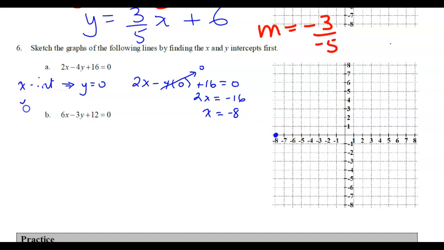Then the y-intercept is when x is 0. So when x is 0, then we solve for y.